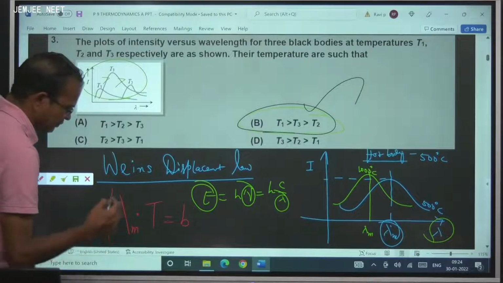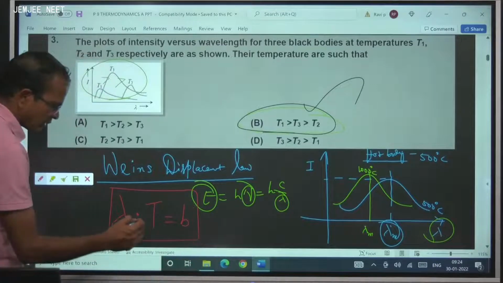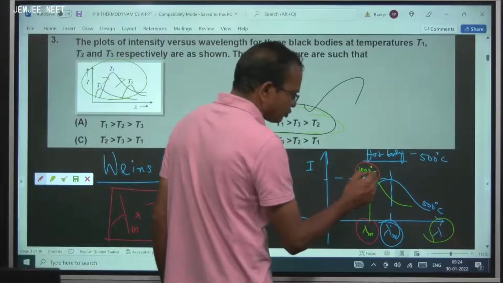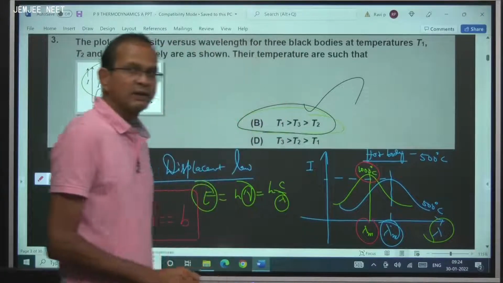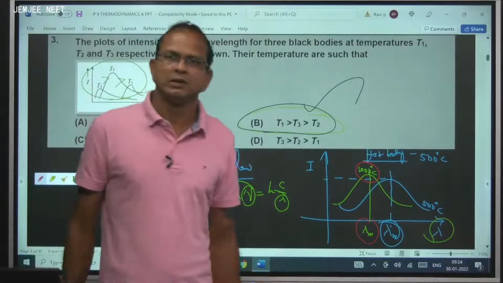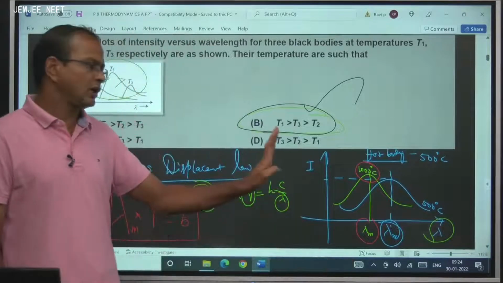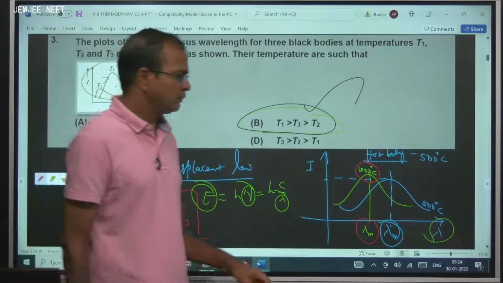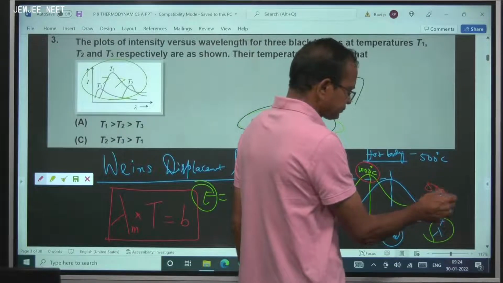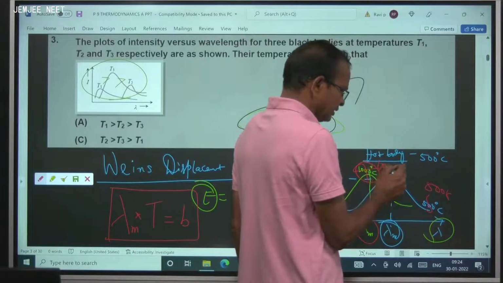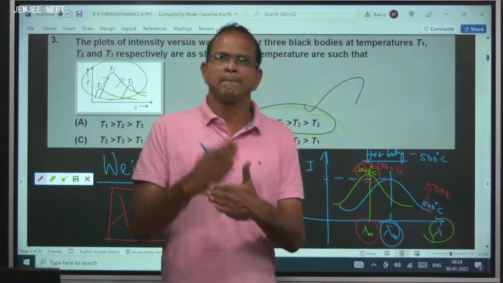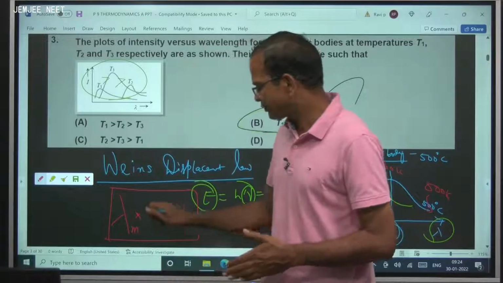This lambda m multiplied with its temperature, which should be in Kelvin, gives a constant for all the cases. Understood? So even if there is no graph, we can find how much it is getting shifted. For example, if the temperature becomes double, suppose it is 500 Kelvin and this is 1000 Kelvin, the temperature has become 2 times, so lambda m would have become half. So simple it is.